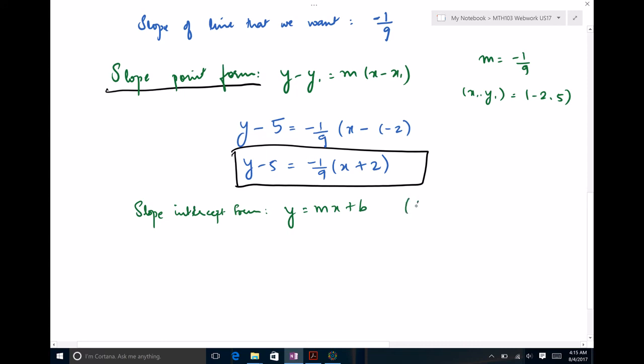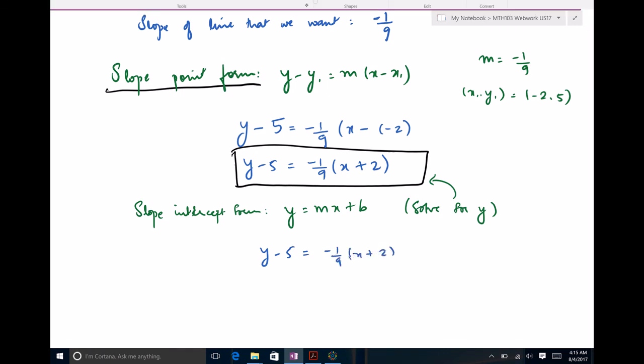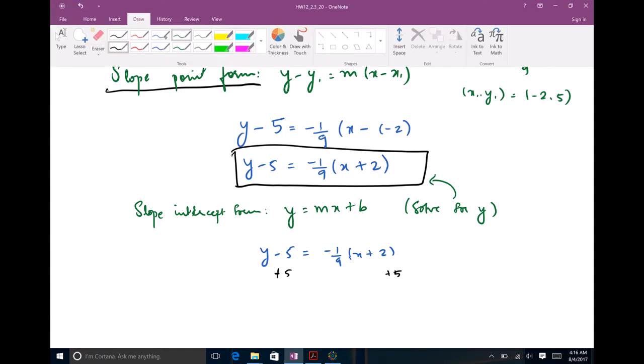In order to do this, all I need to do is solve the equation that I already have for y. So let's rewrite that equation first. I have y minus 5 equals negative 1 over 9 times x plus 2. Now to solve for y, all I need to do is take this 5 over to the other side by adding 5 to both sides of the equation and then simplify.